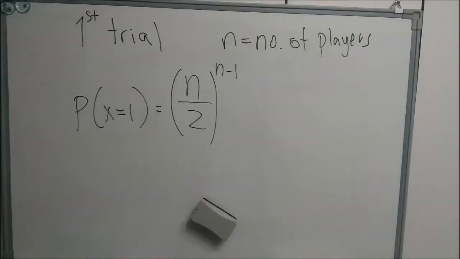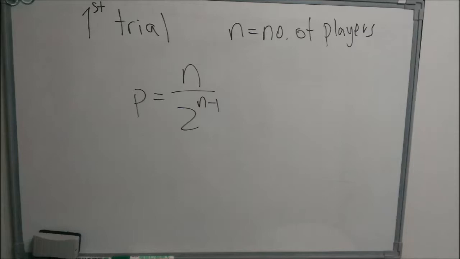Okay, so we organize it. Now we have the expression n divided by 2 to the power of n minus 1. But remember, this is only the probability of succeeding in the first trial, which is equivalent to p in a geometric formula.